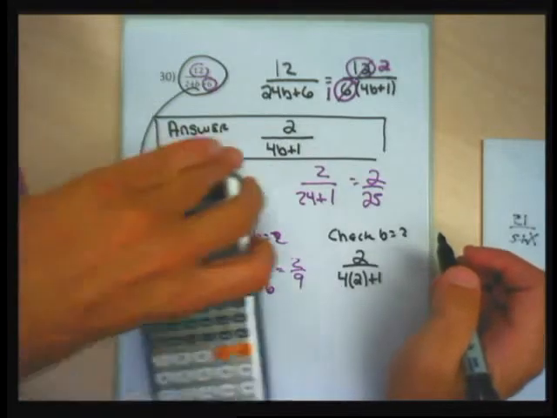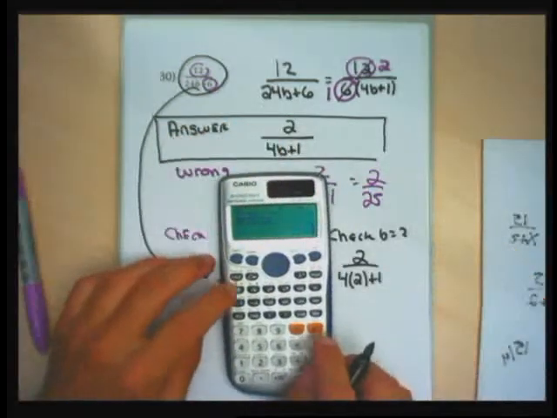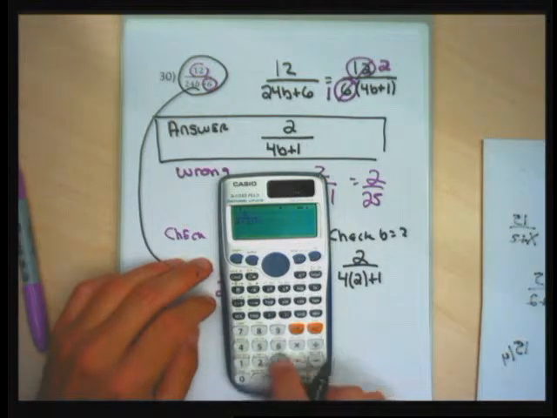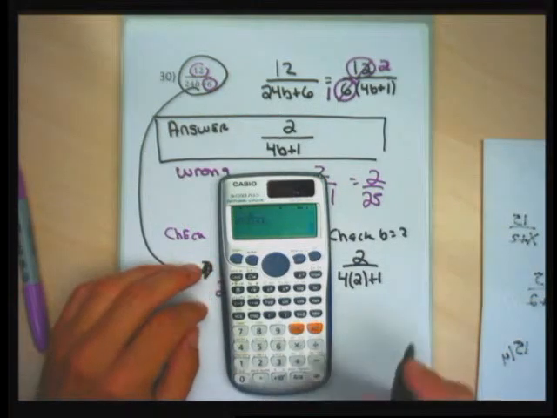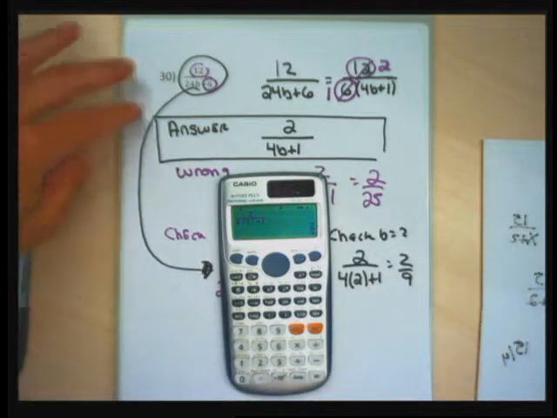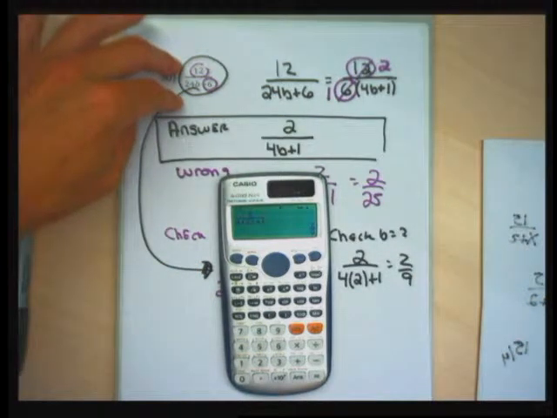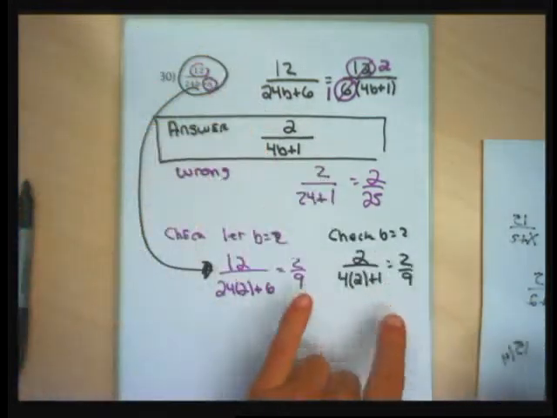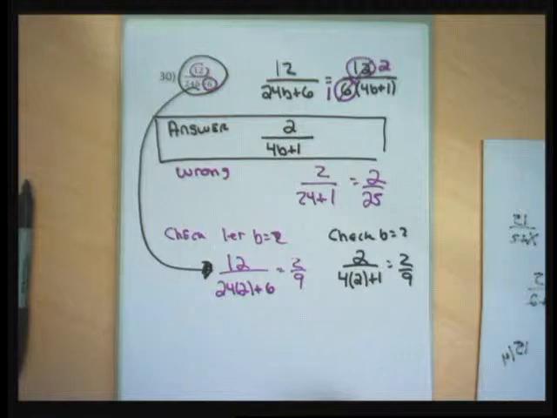Let me try that again. I can do these in my head, but sometimes it's more convincing on my calculator. And that's perfect. Because when I plug 2 into the original problem and when I plug 2 into my answer, they both reduce to the same number, I believe that my answer is correct.